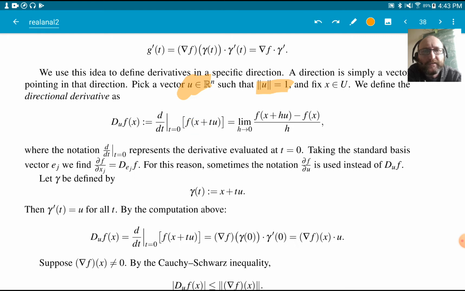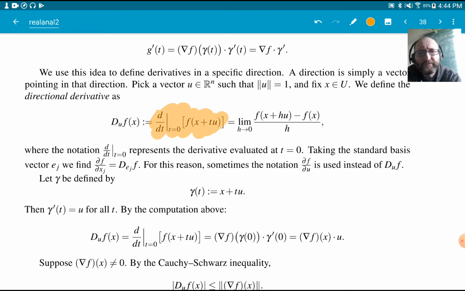Maybe I'll highlight this thing. That was the definition of the derivative in that direction. Instead of u, it would have an ej in here. So it's almost like a partial derivative, but now in terms of an arbitrary direction. This is just another way of writing down the same exact thing.